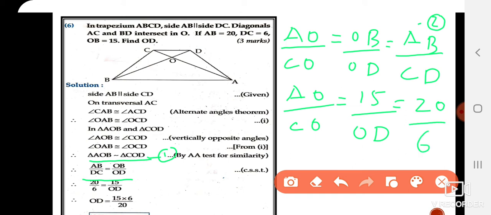So after writing this first step, this could be your third step, what I've just written. And then after writing this step, you can come to this step. Okay, and then calculate and get the answer.